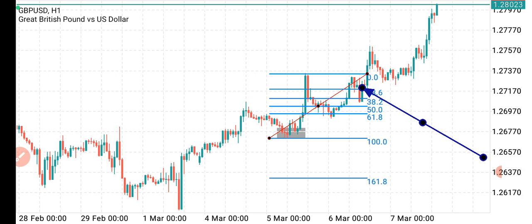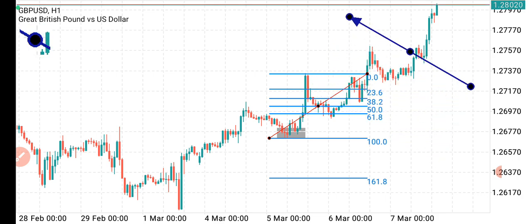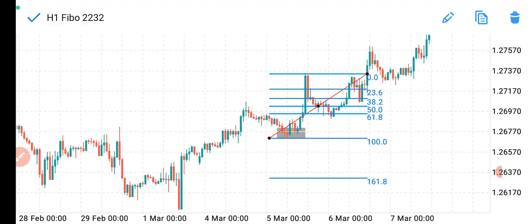It means reversal has commenced. But let's assume the price comes just around this zone and then turns back and continues to the upside. It is not a reversal. So that is a simple way to identify reversal.